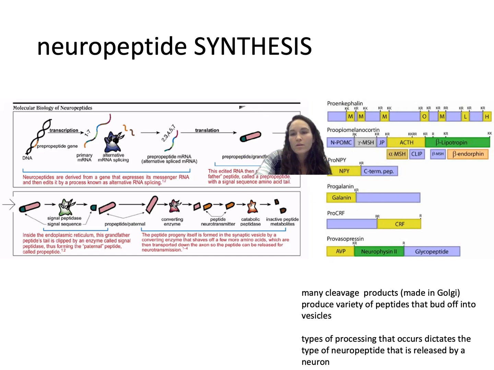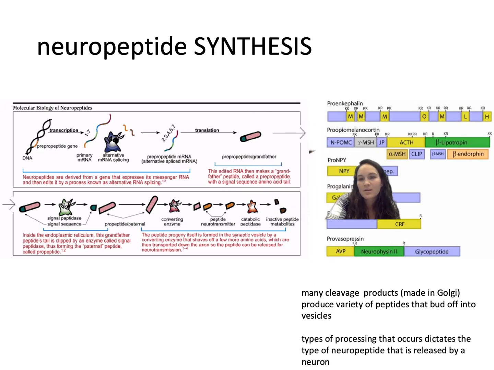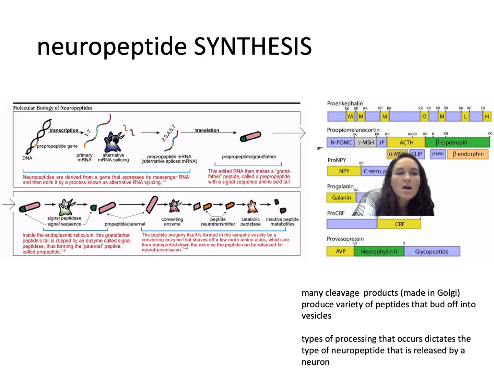So again, what the neuron is going to release really just depends on what types of enzymes it expresses that could potentially cleave these different portions of the peptide. And if it doesn't express these cleavage enzymes, then we're going to release the full length peptide. So it really just depends on what the cell's expressing in terms of the peptide itself, and then in terms of those proteolytic enzymes, should this be cut further or not? And if it's cut further, we're going to have a different effect than if it was released as a full length.